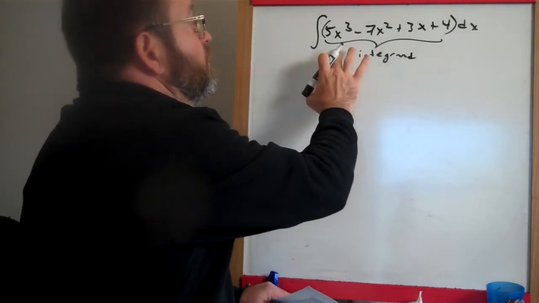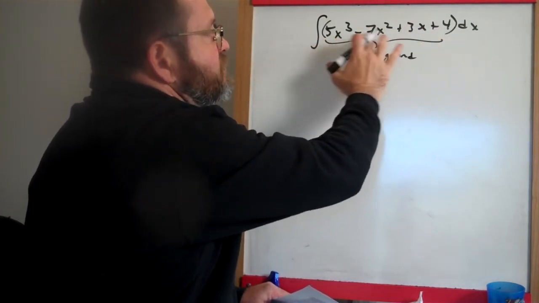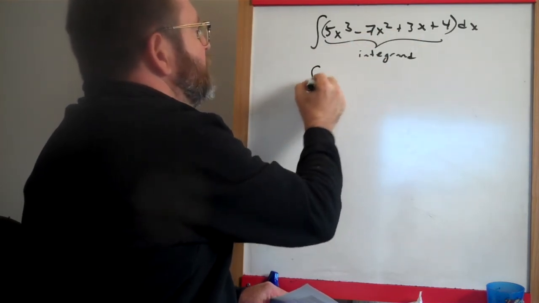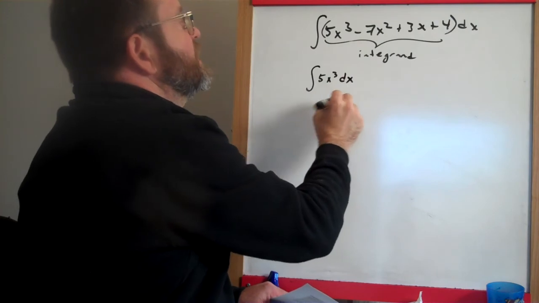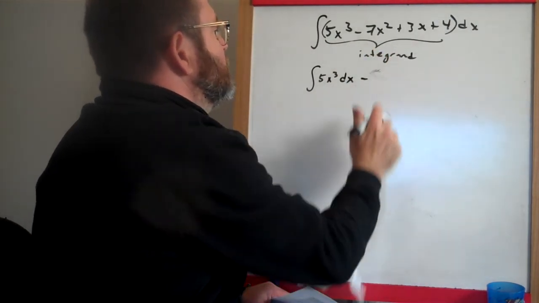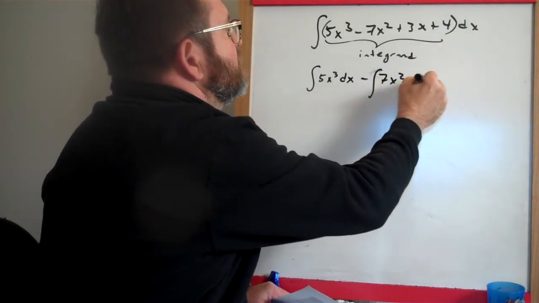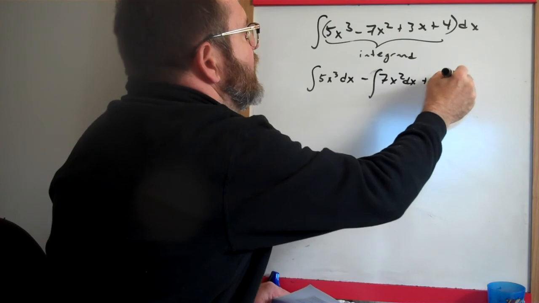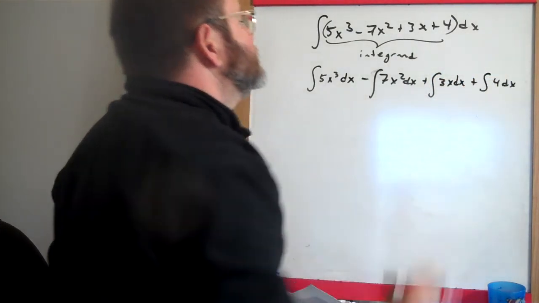Remember, if you're integrating a sum, it's the same as integrating the pieces. So that would be the integral of 5x cubed dx minus the integral of 7x squared dx plus the integral of 3x dx plus the integral of 4 dx.